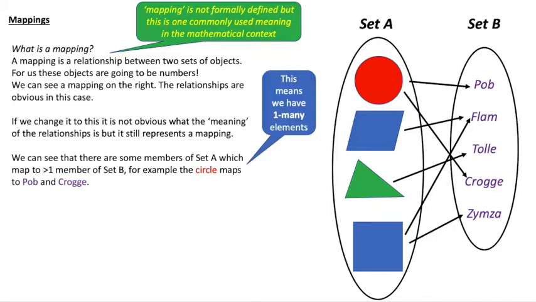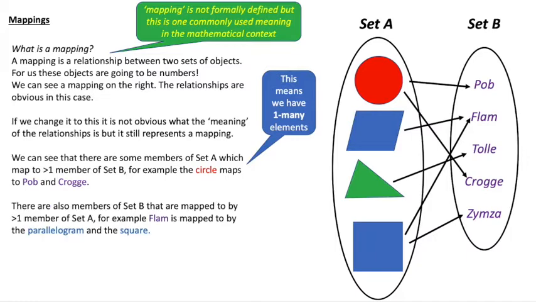And this means we have some elements in set A which are one element mapping to many elements in the other set. We've also got members of set B that are mapped to by more than one member of set A. So, for example, Flam is mapped to by the parallelogram and the square.